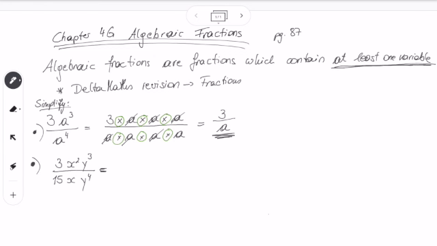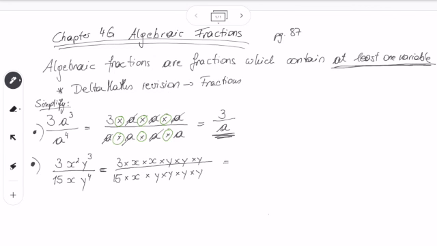So in the numerator, we have 3 times x squared, y times y times y gives us y to the third. Underneath, in the denominator, we have 15 times x and y times y times y times y gives us y to the power of 4.